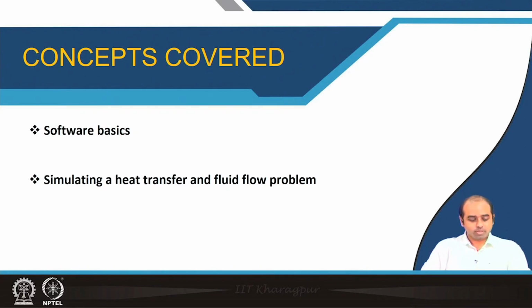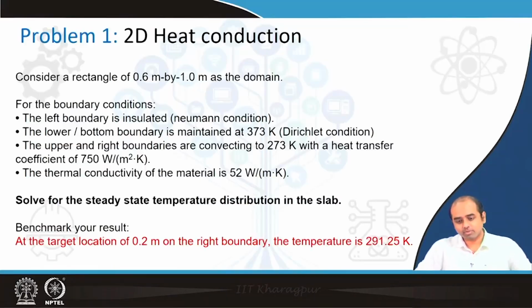Okay, so let me talk about the first problem. This is a two-dimensional heat conduction problem. I suggest all of you note it down, so it will be easier to follow during the COMSOL demonstration. What we are going to do is define a solid block, a two-dimensional block of width 0.6 meter and height 1 meter, as the domain.